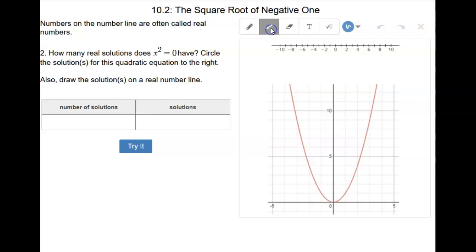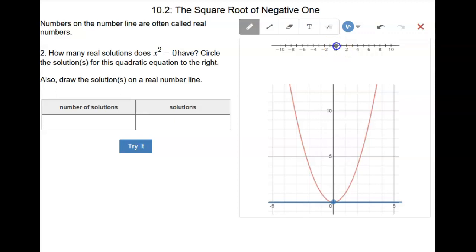So again, if we take a straight line and we draw it through 0, then you can see that that only crosses that graph at one point. And so there's only one solution, okay, which would be 0. And only 0 squared is equal to 0. There's no positive or negative value of 0. It's just 0 is equal to 0.